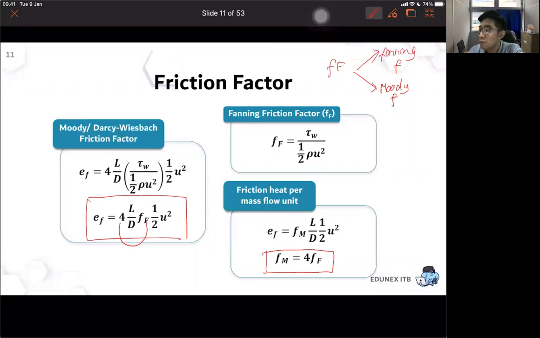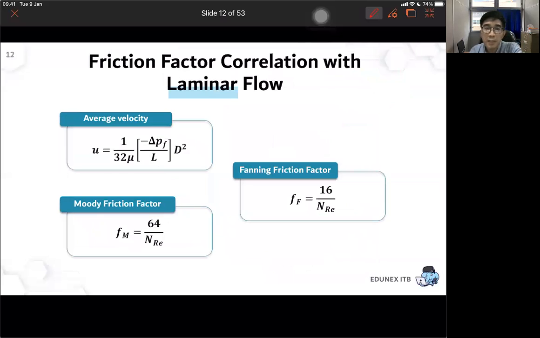So if you are using the Fanning friction factor, use this equation to calculate EF. But if you are using the Moody friction factor, use this equation. There will be no 4 here, right? So please be careful which friction factor you are using. Okay, friction factor can be classified into laminar and turbulent calculation.